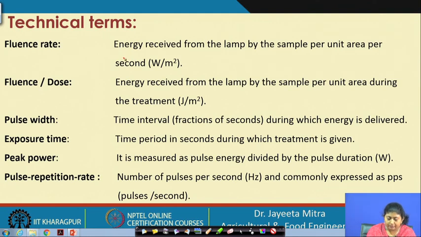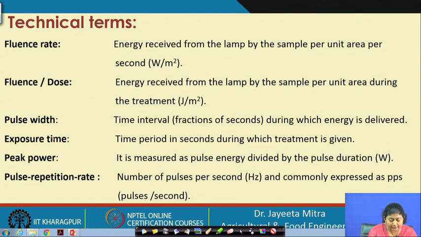Okay. So, that means per unit area per unit time, that is the fluence rate. Now, fluence or dose signifies energy received from the lamp by the sample per unit area during the treatment. Okay. So, this considers the whole treatment, not per unit time.